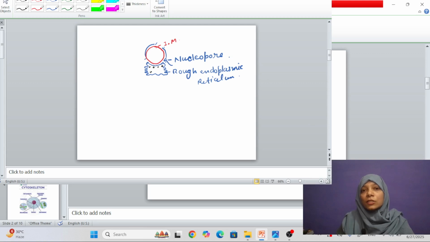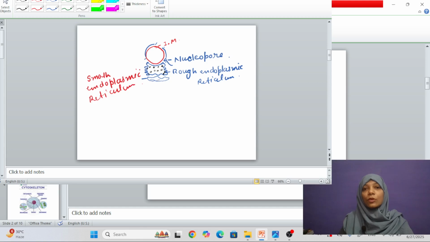Because some ribosomes are present on the endoplasmic reticulum. Then here is the smooth endoplasmic reticulum, which is derived from this. This is called smooth endoplasmic reticulum.